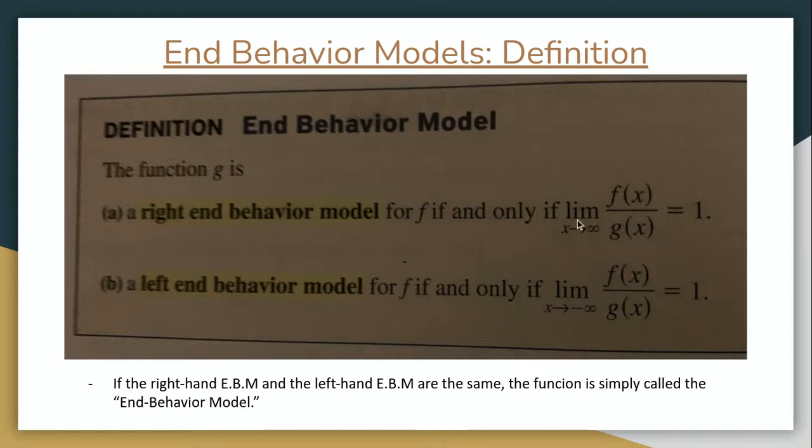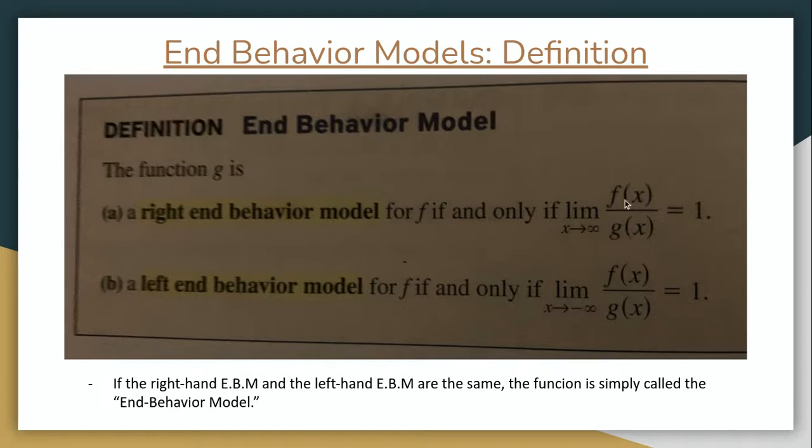If our inputs get larger and larger in the positive direction, and the ratio of the two functions when that happens is equal to 1, that means that the function g acts like the function f as x goes to infinity. So the end behavior model, or what it looks like as we go to the right, of our original function is g.